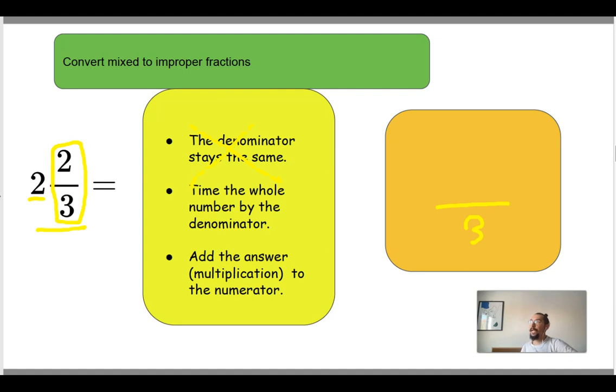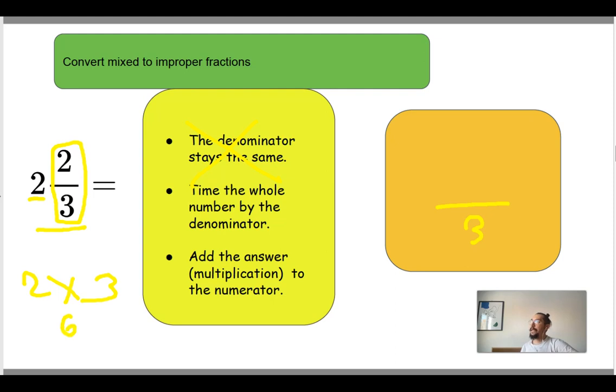Next, multiply the whole number by the denominator. So you take this number, 2, and you multiply it. You say 2 times 3, and that is 6.